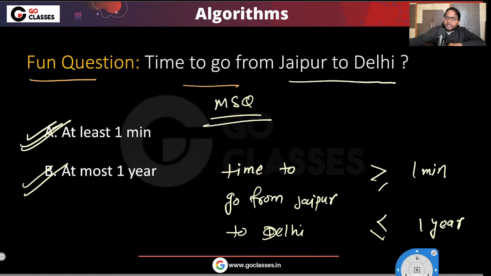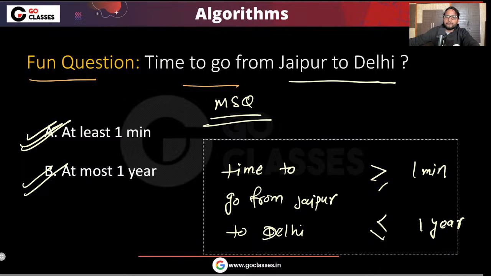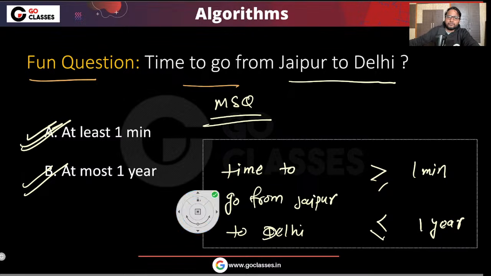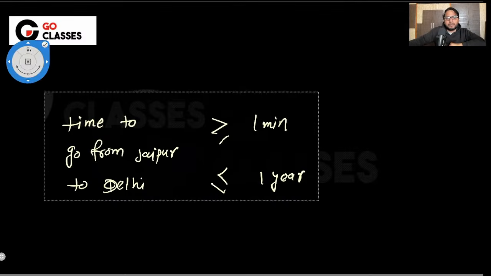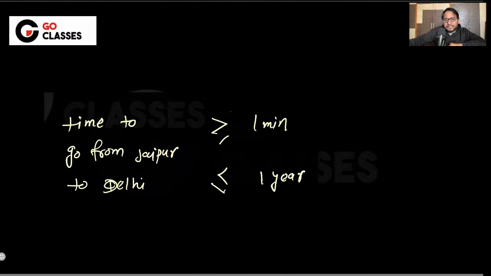Suppose I give you something like this, is this information helpful? It will at least take 1 minute. It will at most take 1 year. Is this information helpful?